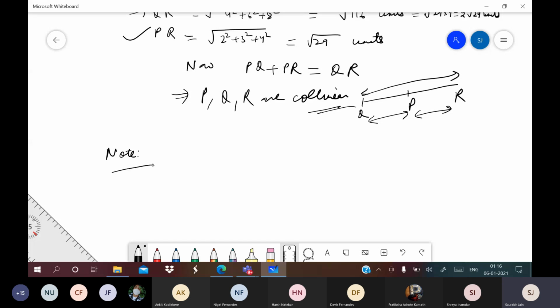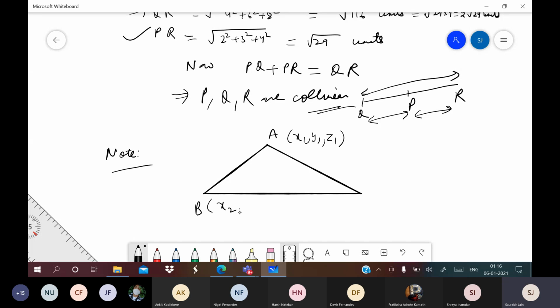Then see, there is one formula. Actually, this also you learned in 10th only. There are 3 points (x1, y1, z1), (x2, y2, z2), and (x3, y3, z3). They are vertices of a triangle, and these are medians.